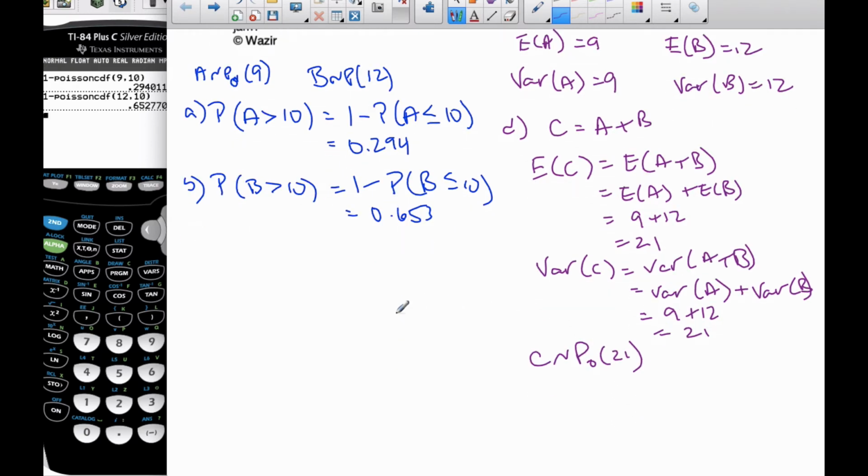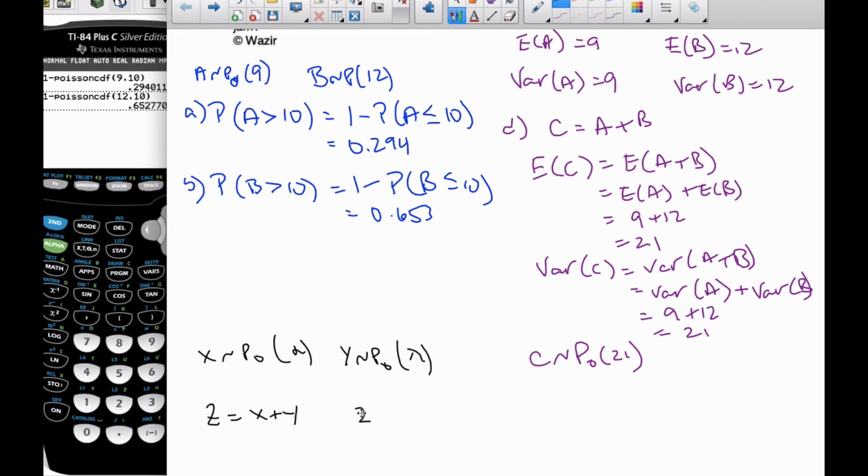If I want to generalize this, let's say Z is equal to X plus Y, where X is some Poisson that has alpha as my mean, and Y is another Poisson variable that has, let's say, lambda as my mean.